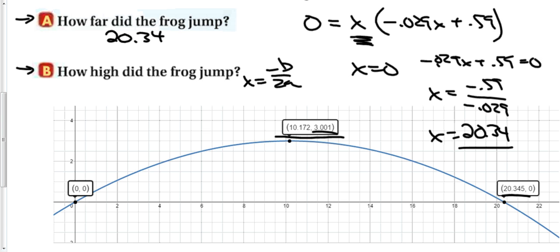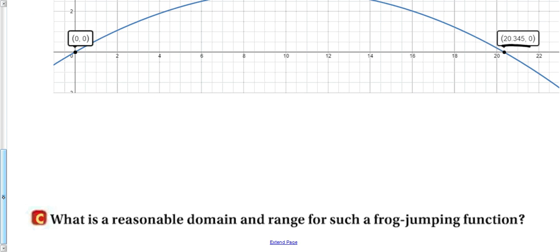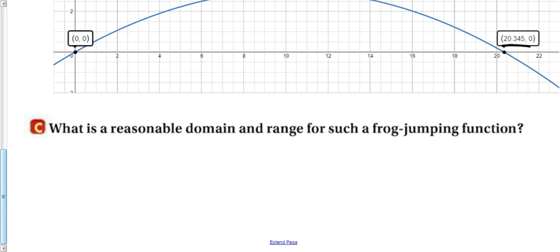Okay. Now, you might have a question from time to time about reasonable domain and range. Okay, the reasonable domain: the domain for any quadratic is all real numbers, but this frog cannot jump negative.